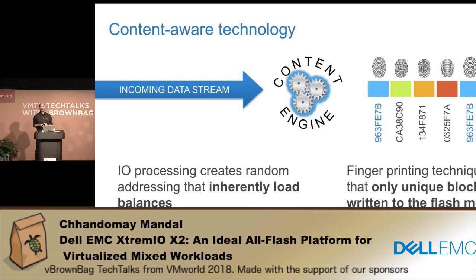Let me show you how it happens with a very simple example. Here are various data blocks. There are two data blocks in blue that have the same fingerprint because they are completely identical. These are hexadecimal numbers, and we can devise a pretty nifty addressing scheme so that we can distribute this data evenly throughout the cluster, irrespective of how large the cluster is.